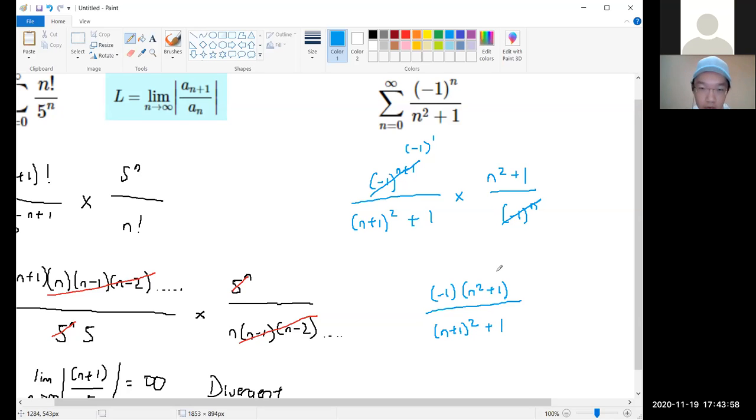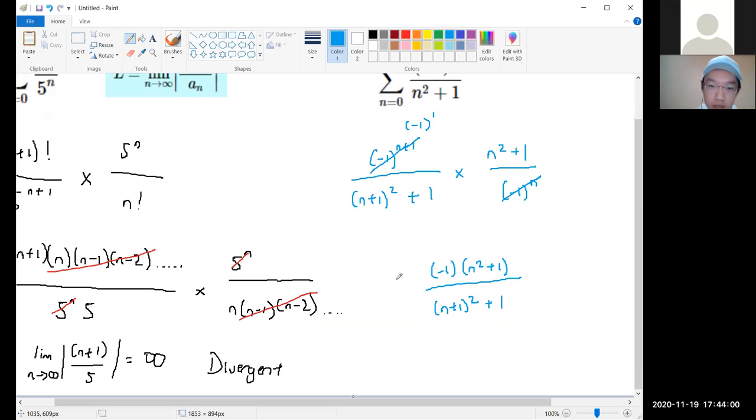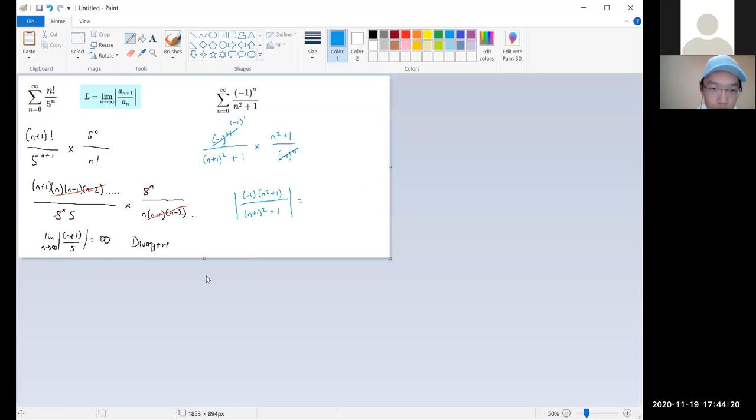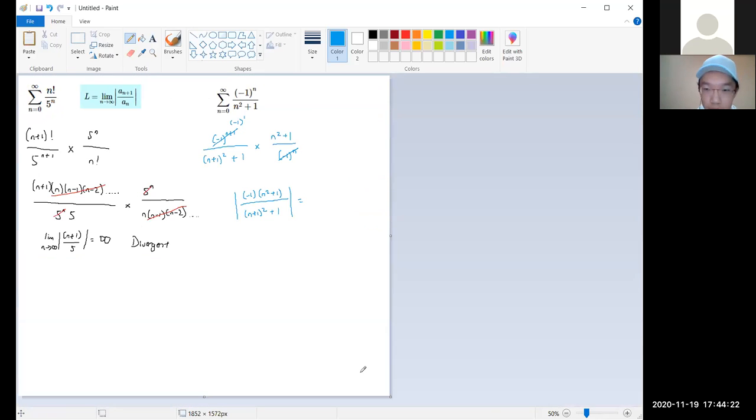And yeah, I don't think you could go much further than that. So when you take the absolute value, the -1 in the front goes away. So this is just going to be the same thing, just without the -1.